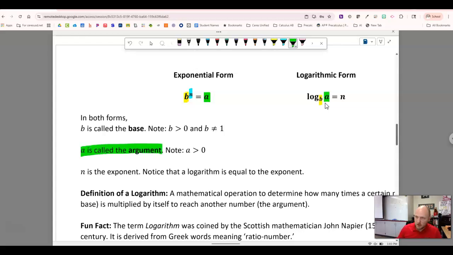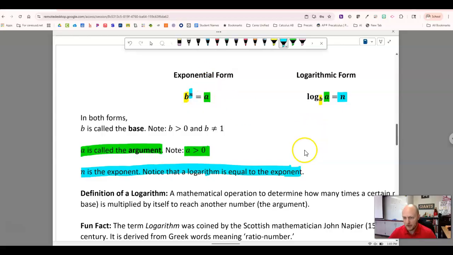So here, A is called the argument, what you plug in. For a logarithm, it's very important to note that A must be greater than 0. Now, the input for an exponential function, this exponent, is now the output. So n is the exponent, and notice that logarithms are equal to an exponent value.